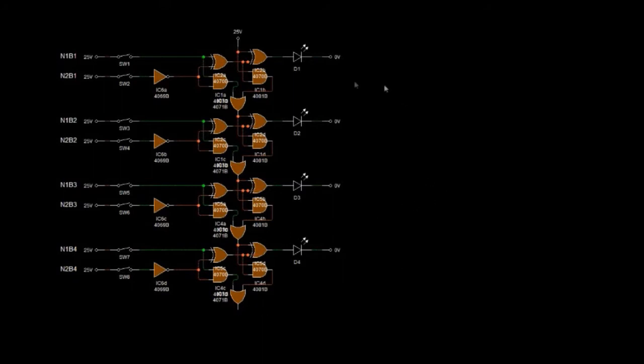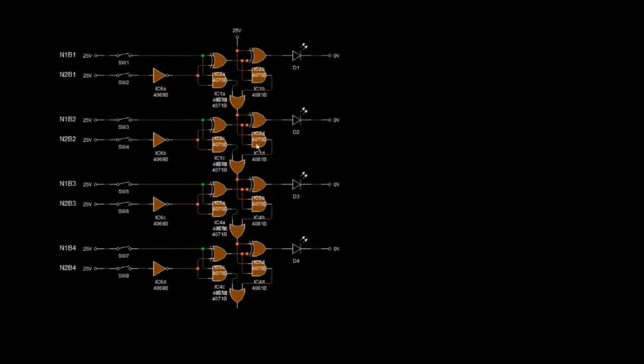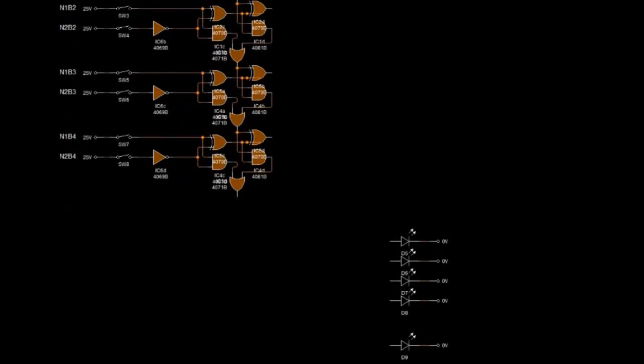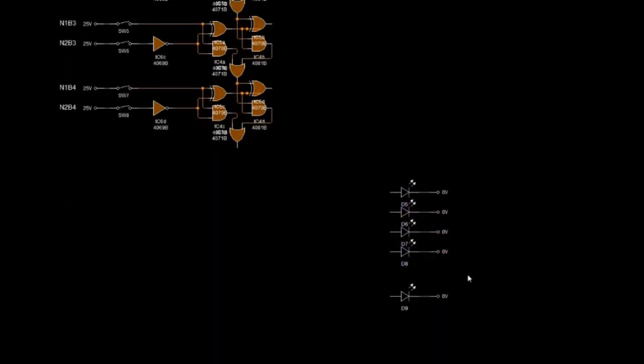So we can use this to check whether it's positive or negative. So what we need to do is move all these outputs. Okay, so I've moved these outputs down here. So these are the 4 bits, and this is going to be a bit to show if it's positive or negative.